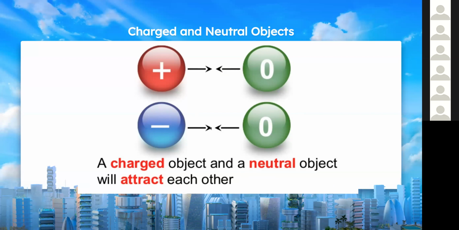So static electricity works between something that is charged and something that is neutral, which is why, especially in the winter, if you rub your feet against a carpet and then touch something neutral, you can actually see a spark, because there is a lot of electrical buildup on you, a lot of negative charges built up on you, and those get discharged immediately to any sort of other neutral object.